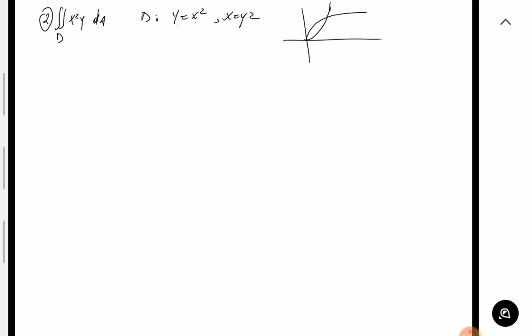Let's do a bigger picture here, and I'm going to exaggerate this shape a little bit so that it's easy to see. Okay, so this is y equals x squared, and this is x equals y squared, the horizontal parabola.